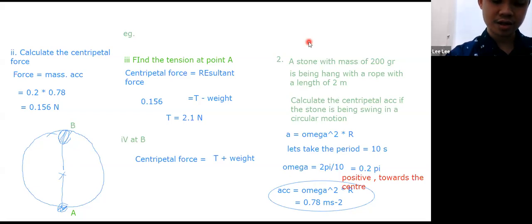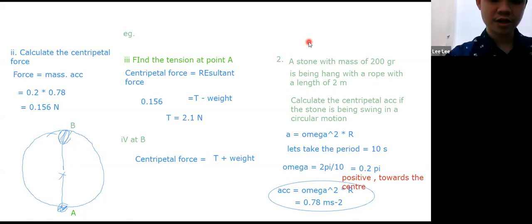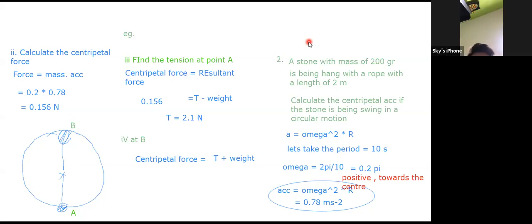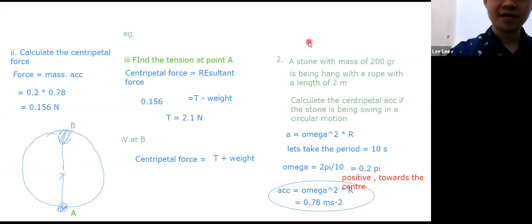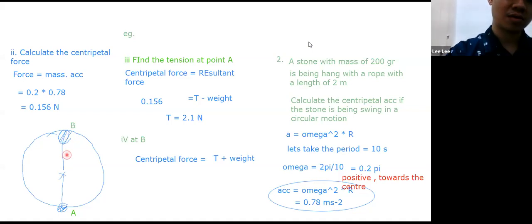Anyone ask a question until here? Just now, what was positive already, sir? The first one: the acceleration I assume as positive. If the acceleration is positive, it always heads to the center of the circle. So all of the forces that head to the center of the circle must be positive also. In this case, your tension and the weight are going down, which is to the center of the circle, and your acceleration is also going down.